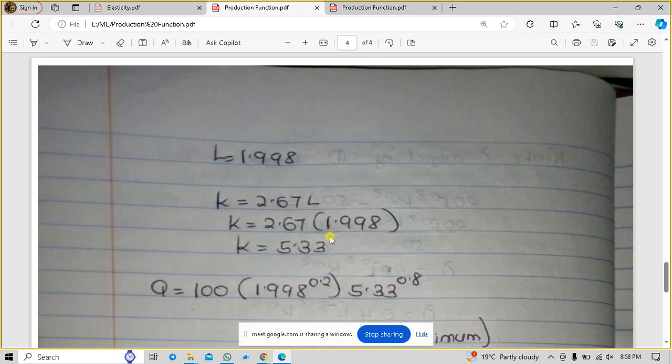So you just multiply. So what will be the value of Q? Q is equals to 100, so change this, it should be 19.98 power 0.2. Then here it is 53.3, or 0.4, power 0.8. What is the value of Q?